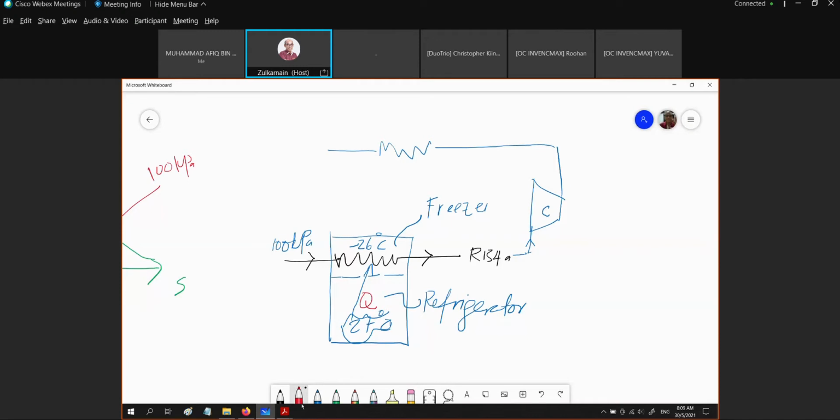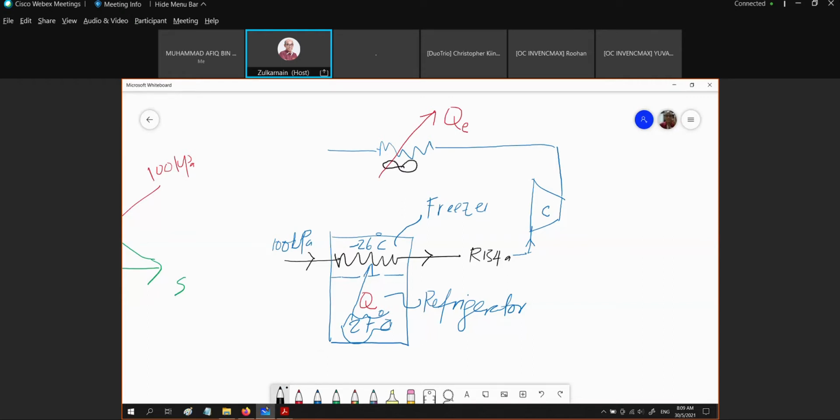So this is what we are going to reject at the environment. So what is the temperature like in this part, in this heat exchanger? Usually what we have right here is a fan.